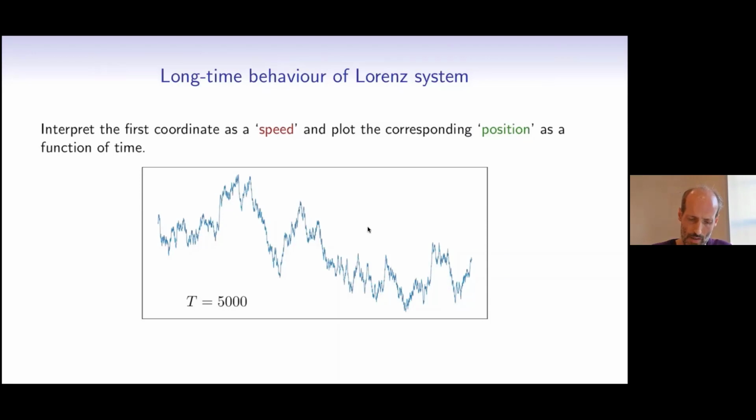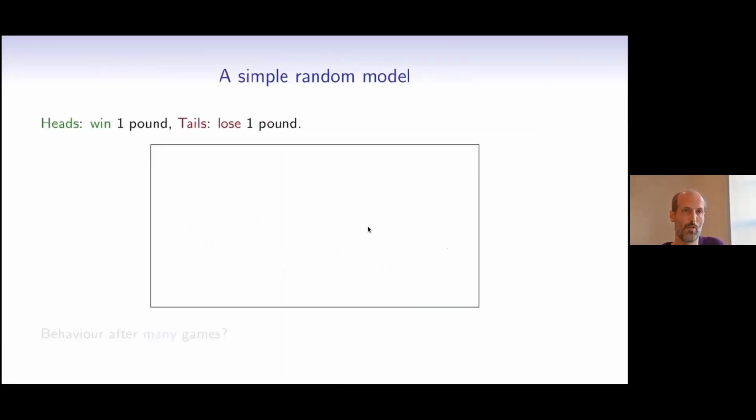And the other thing is that you can get similar pictures with various other kinds of models. So for example, let's take the simplest possible model for something which is random, which is a coin toss, right? So let's just toss a coin, and when it comes up heads, you win £1. When it comes up tails, you lose £1.